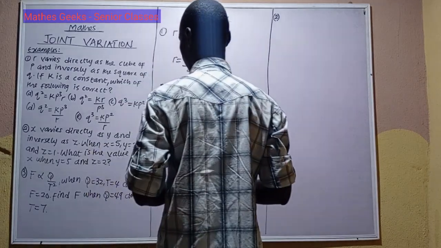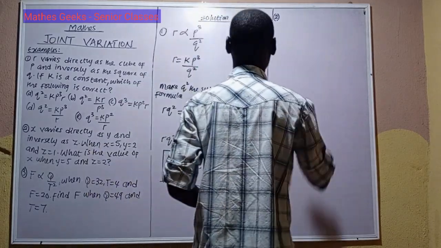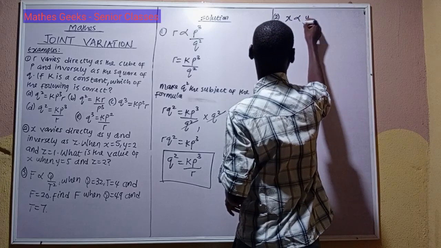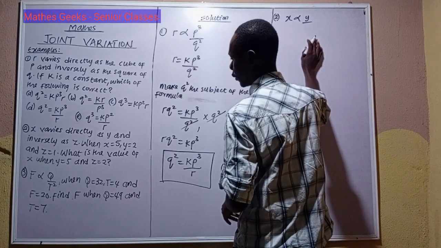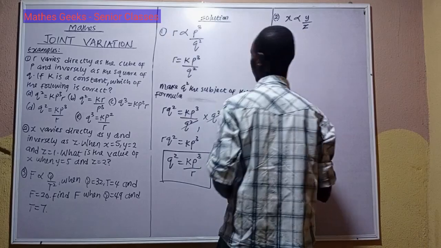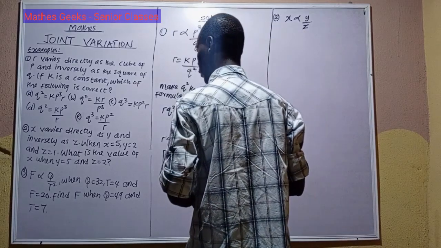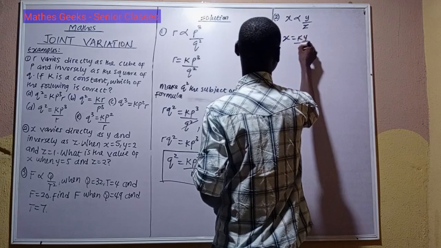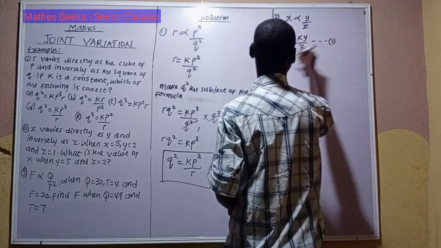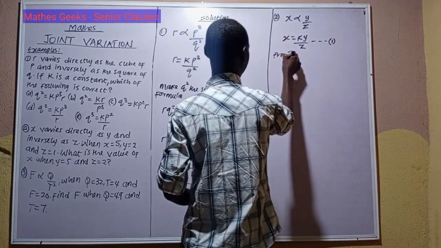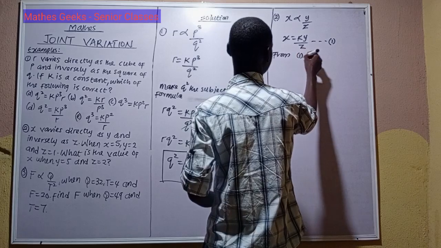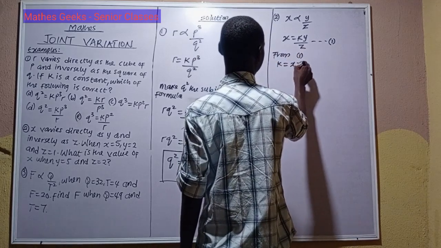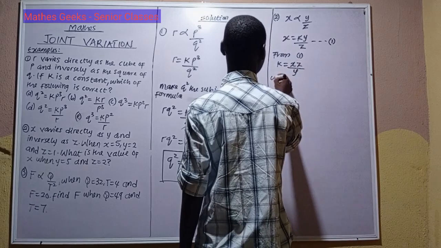x varies directly as y and inversely as z. So x equals ky over z. From equation 1, k is equal to xz over y.